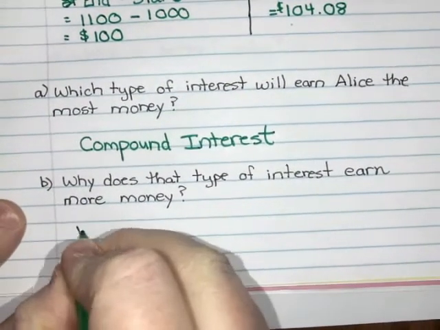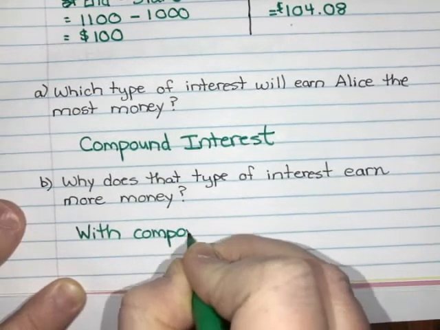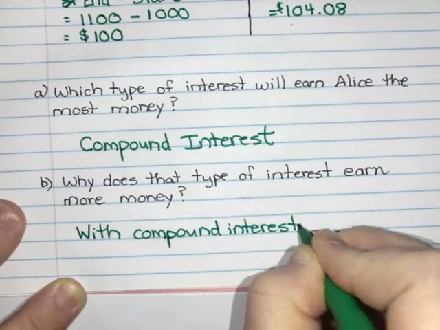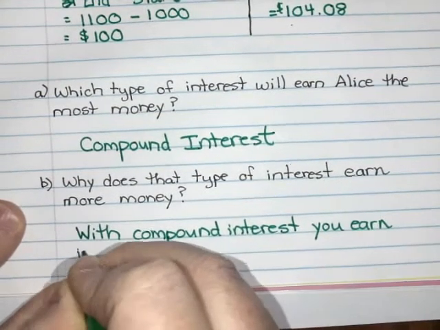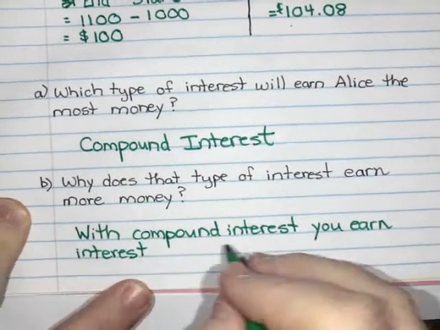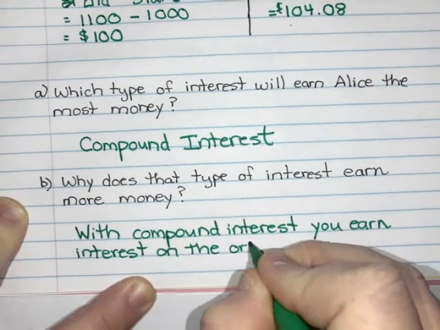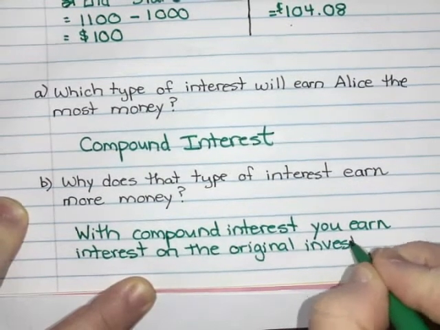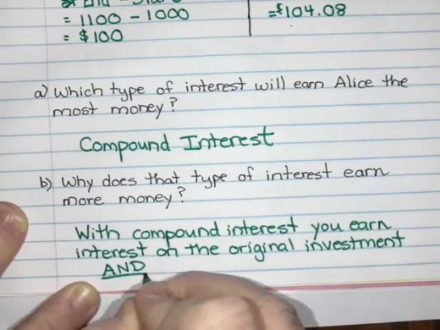I'm going to say with compound interest, you earn interest on the original investment and your interest.